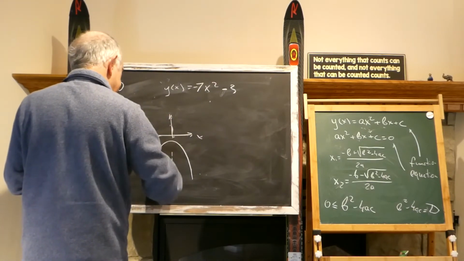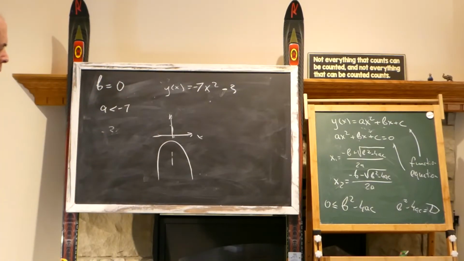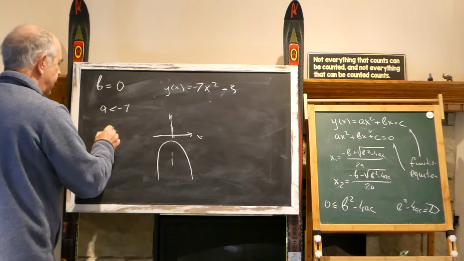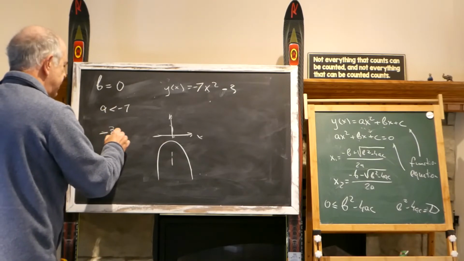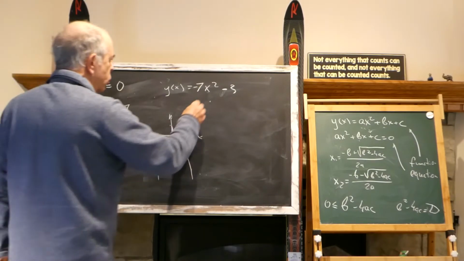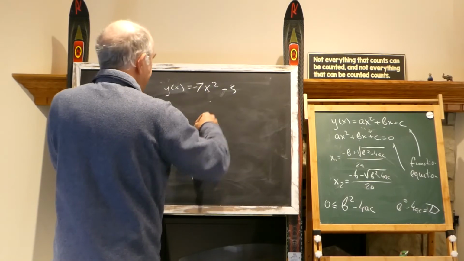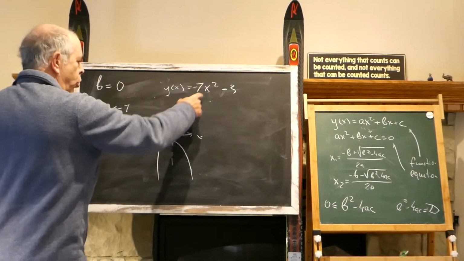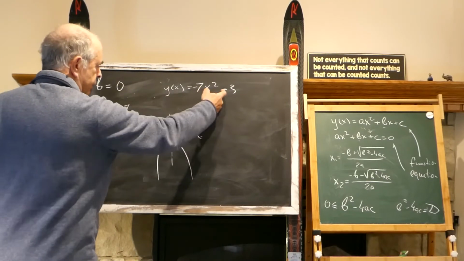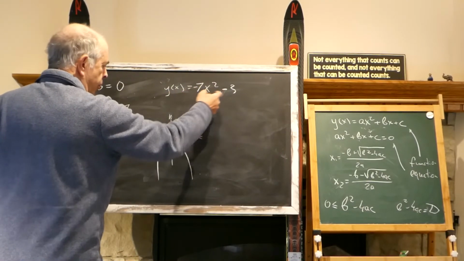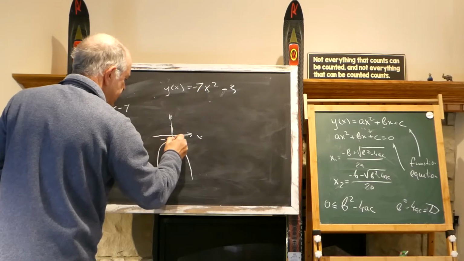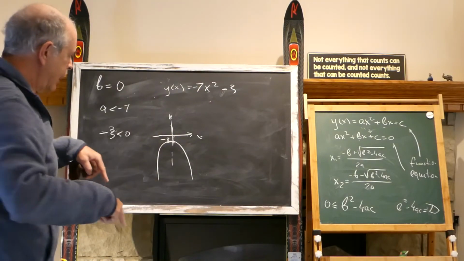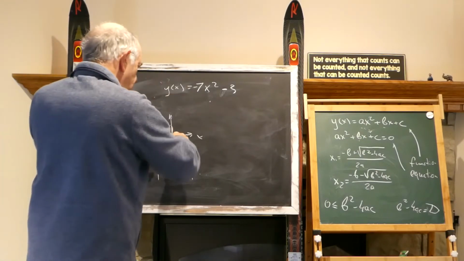Very negative means it would be something like this. So what will it be here? Minus 3 is less than 0. So you will take some number and you have to drop it, minus 3. So when x equals 0, this is the apex. 0 minus 3, this would be minus 3. So this would be the graph. The parabola is directed down and it's moved below the axis.